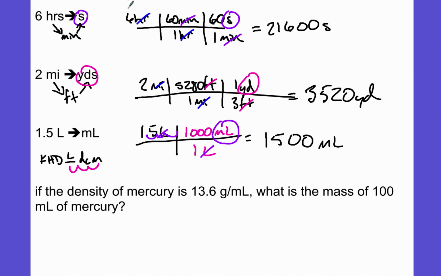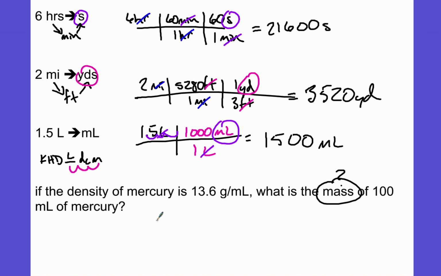Otherwise, I will give you problems. I'll give you a whole quiz later where you start with just information like this here, where you have a density, 13.6 grams per milliliter of that mercury, and you have a volume, 100 milliliters of that mercury. You're trying to come up with what is the mass, right?